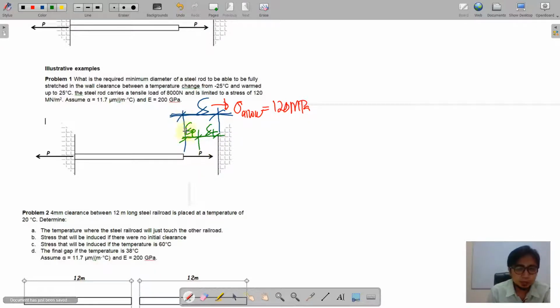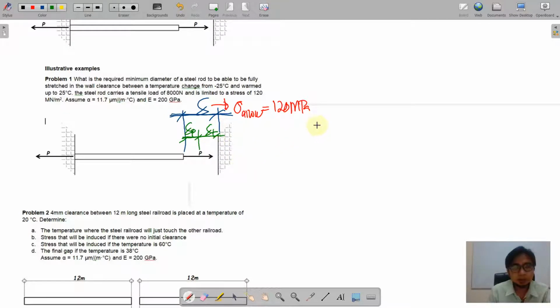As we can see, this delta is composed of the deformation due to the axial load of 8,000 and the deformation due to the change in temperature, in particular since we have a warming temperature.